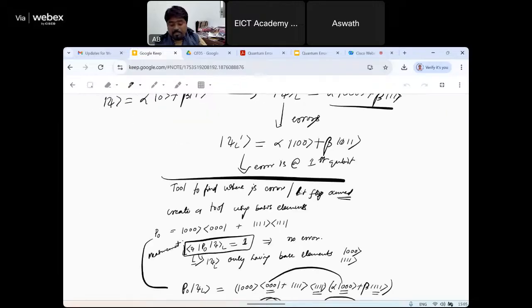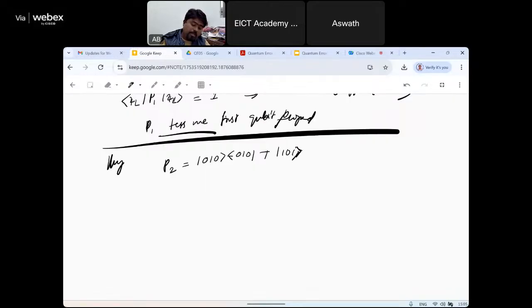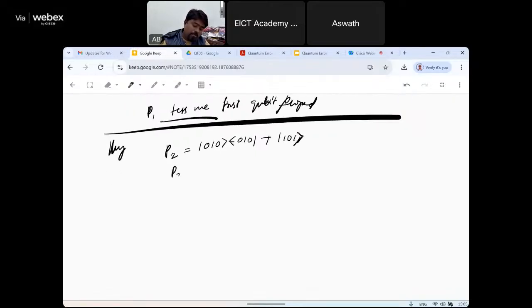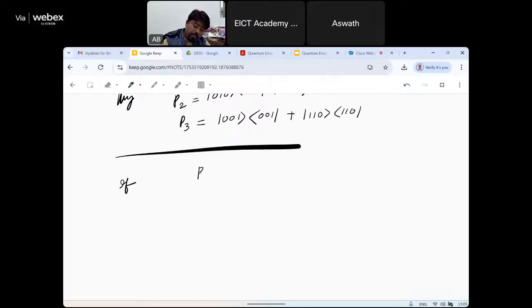Interestingly, let me give you one simple technique. Similarly P2 and P3. Let me finish it off, then we'll take a break. As we know, if P3 is giving me 1, which implies straight away only one qubit is going to have an error in the system.